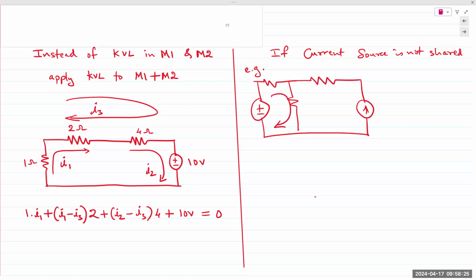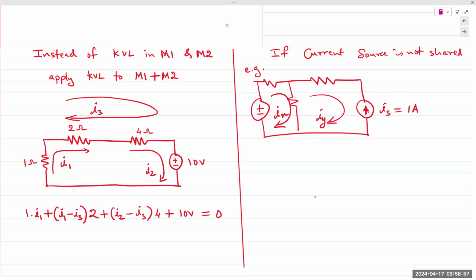I would choose my current for mesh 1 as IX, and I can choose IY. Let's call this IS equals 1 amp. It's not shared, meaning the assumed mesh current flowing through that current source is the only current that's flowing through that branch. I can write the value for IY directly.